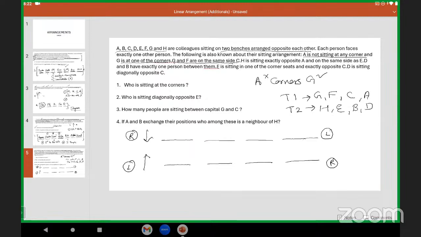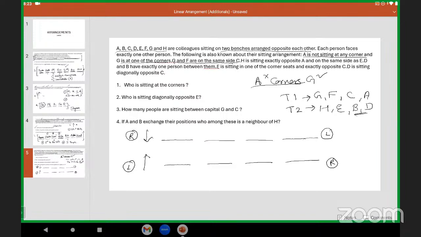So what they have given is H is sitting exactly opposite A. But A is not at one of the corners and it is on the same side as E. Now D and B have exactly one person between them.